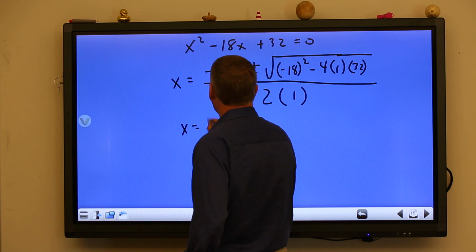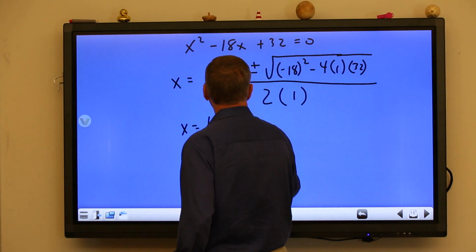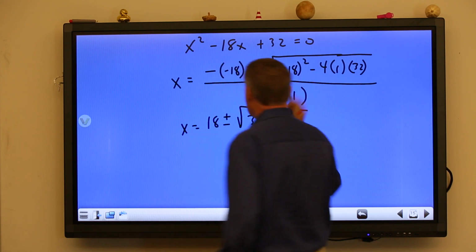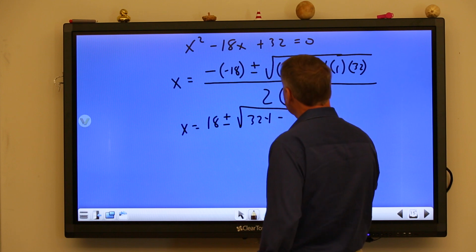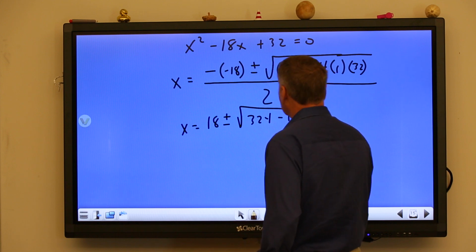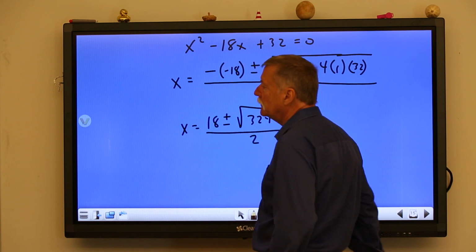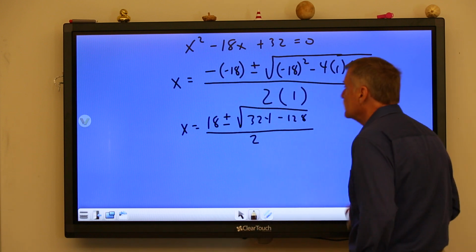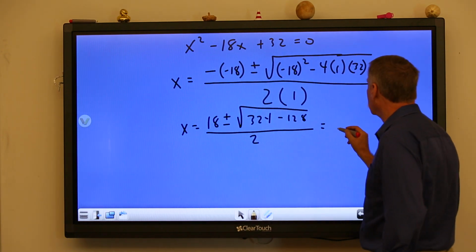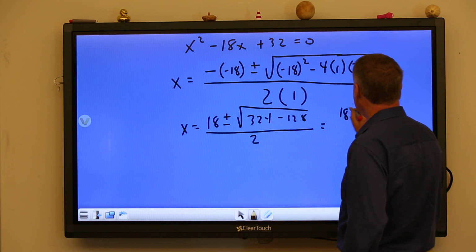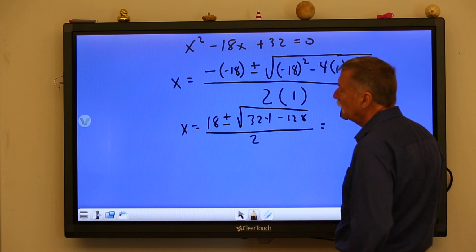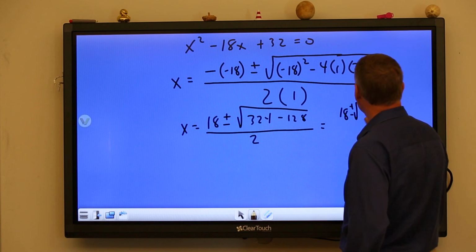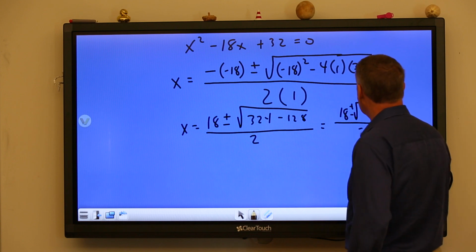x equals 18 plus or minus the square root of 324, 18 times 18, minus 4 times 32, that's 128, and all of that is over 2. Then that is going to be equal to 18 plus or minus the square root of 196 over 2.